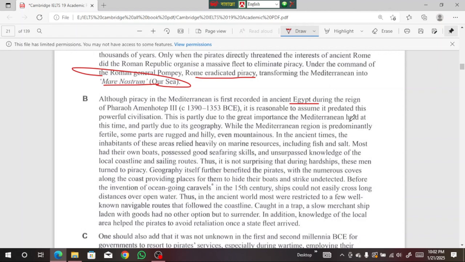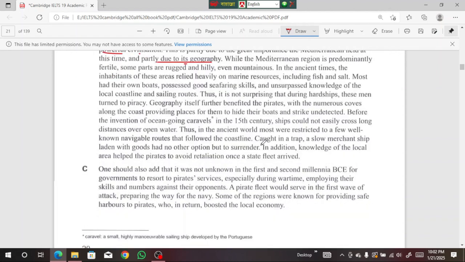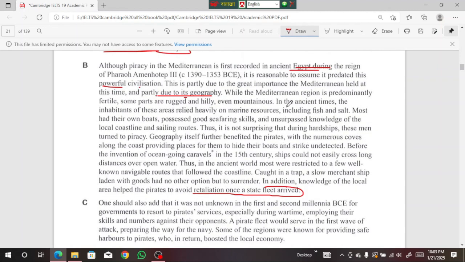Last sentence: in addition, knowledge of the local area helped pirates avoid pursuers. In ancient times, the inhabitants of this area relied heavily on marine resources. Yes, here: marine resources, including fish and salt.